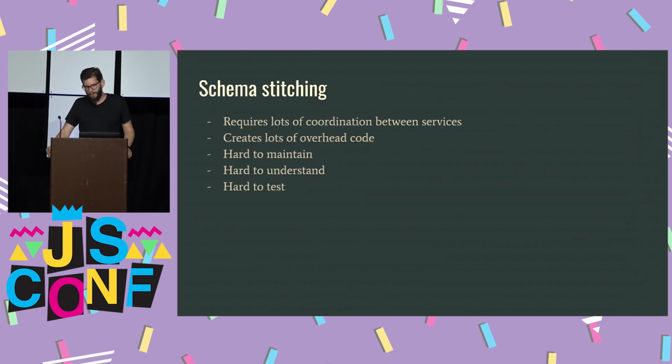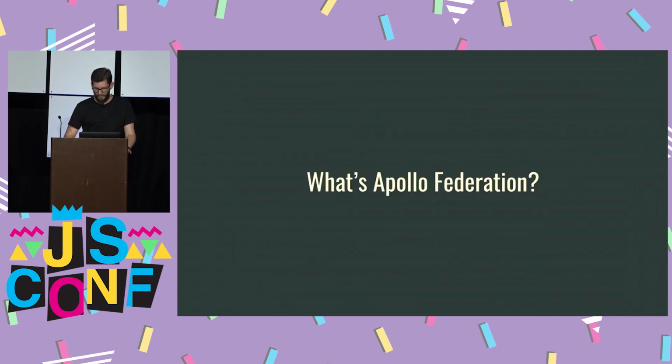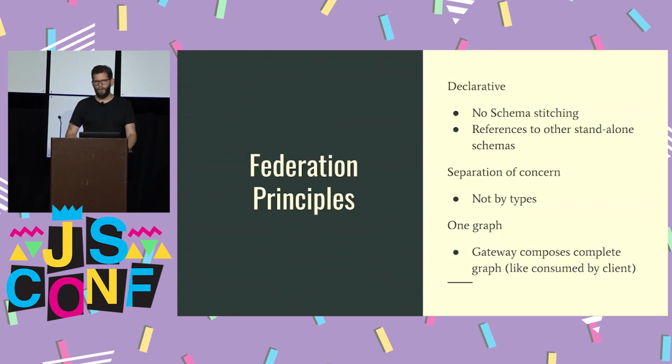So that's where Apollo came in, the smart guys there, and they created Apollo Federation. What they try to do is incorporate some core principles. The first one is that it should be declarative, meaning no schema stitching at all, so you're freed of that.